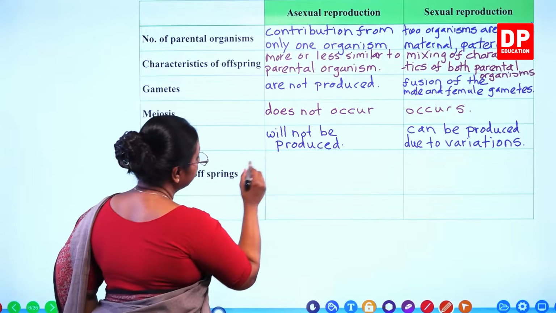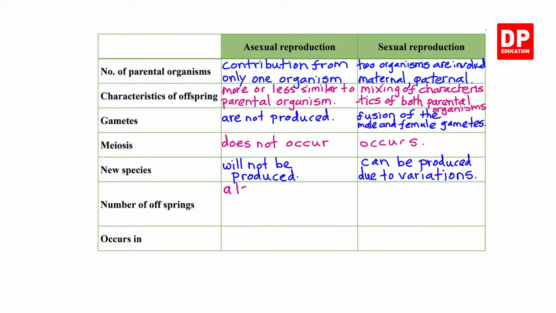Number of offspring: a large number of offspring produced in a short time period.